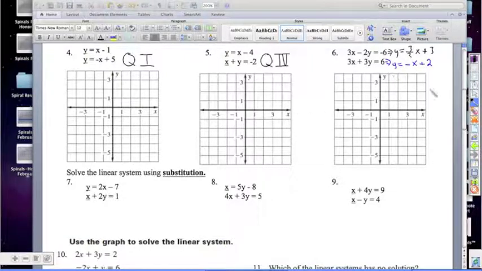I'll give you a hint here for your solution. You should have a fraction right here that is a negative fraction. And I'll put numerator over denominator so that you know it's a fraction.